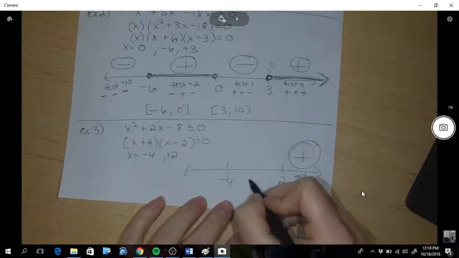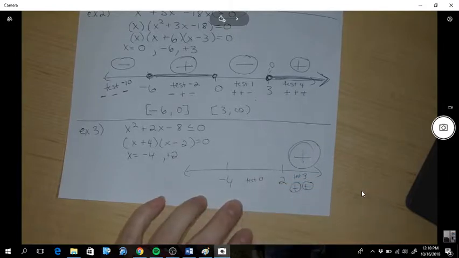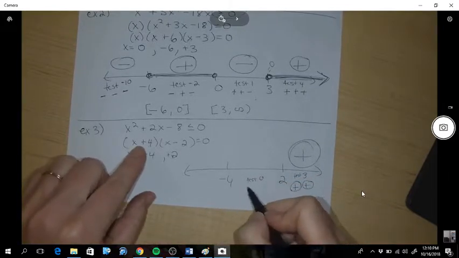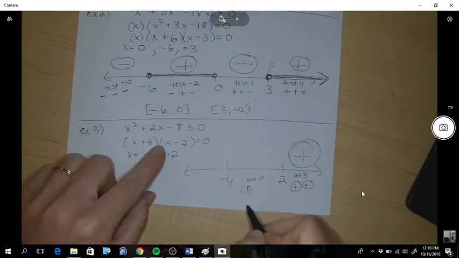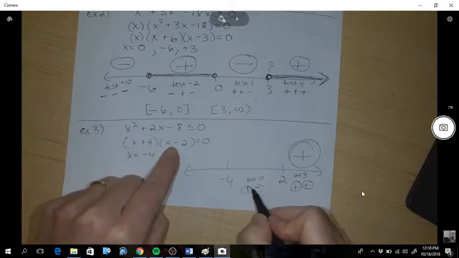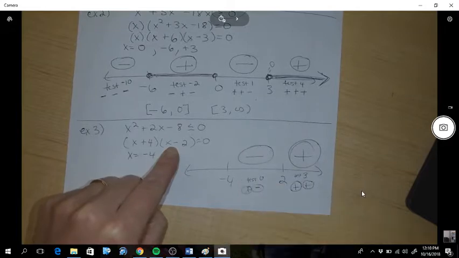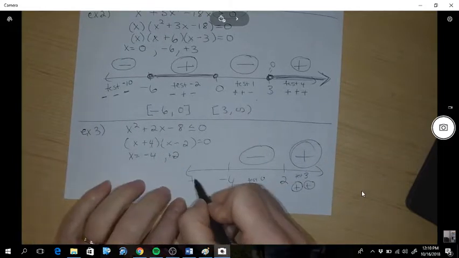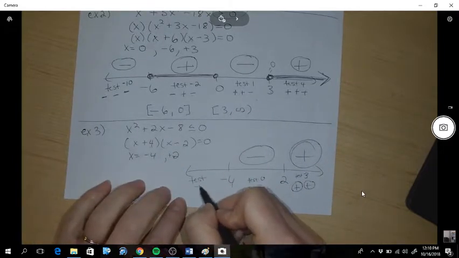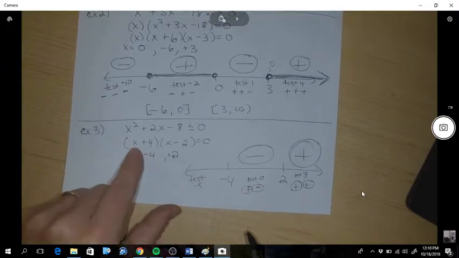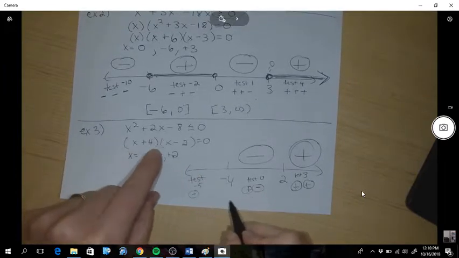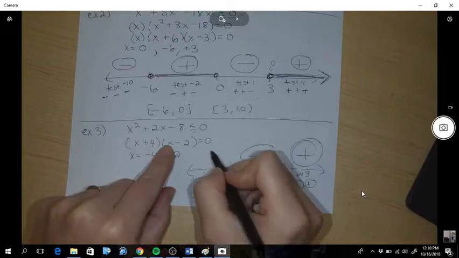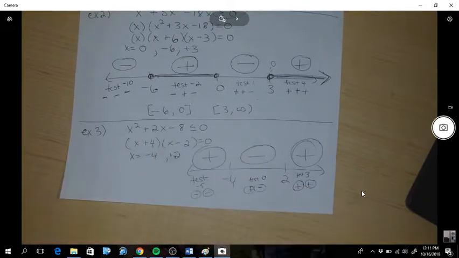Test a number in this region, so test, let's say 0. 0 plus 4 is positive. 0 minus 2 is negative. Positive, negative make negative. Test a number in this region. Let's go with negative 5. Negative 5 plus 4 is negative. Negative 5 minus 2 is negative. So that's positive.